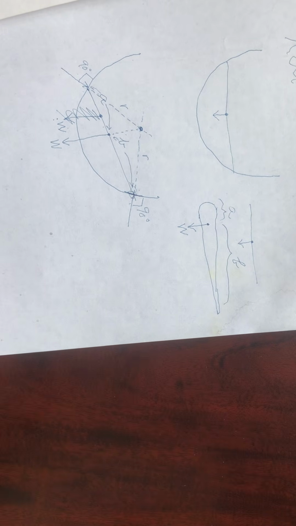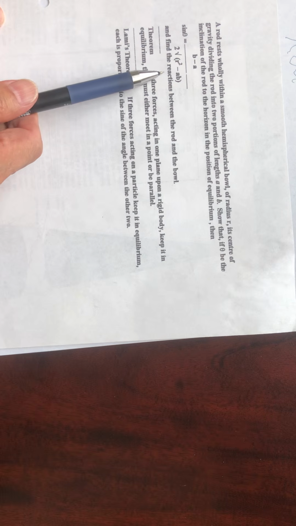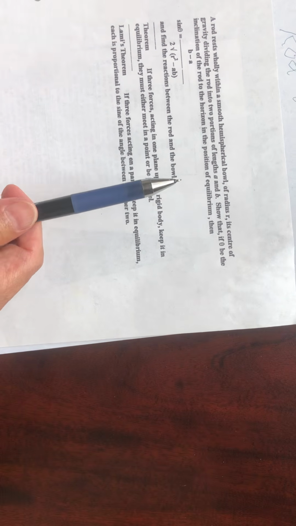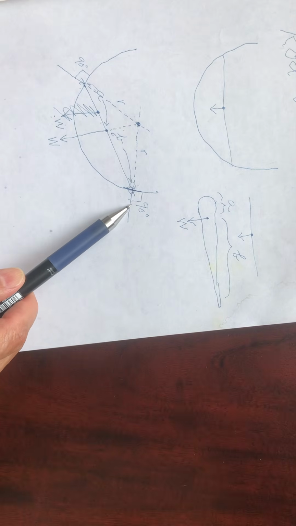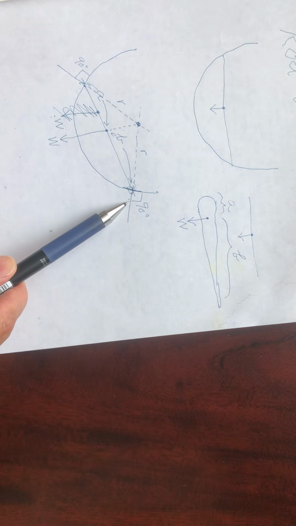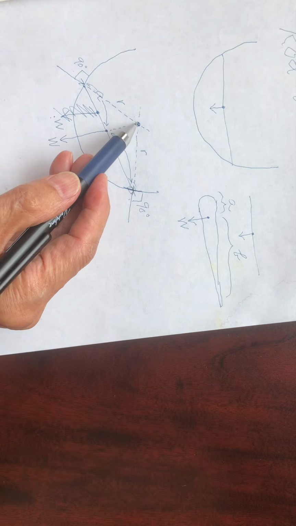Now we come to the last part of the question, the second part. The second part is: find the reactions between the rod and the ball. This is reaction. This is reaction. So I need to find how big this force is and how big this force is. Let me redraw the three forces and let the three forces meet at this point.